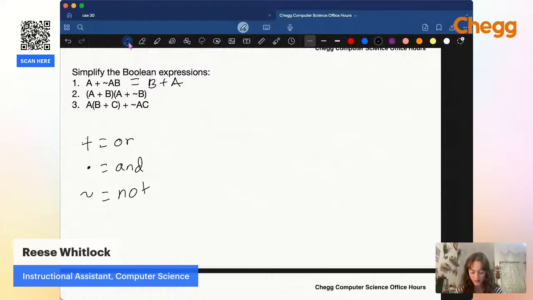So the second one is A or B and A or not B. So if we distribute this, it's just the normal distributive property, just like you learned in math.